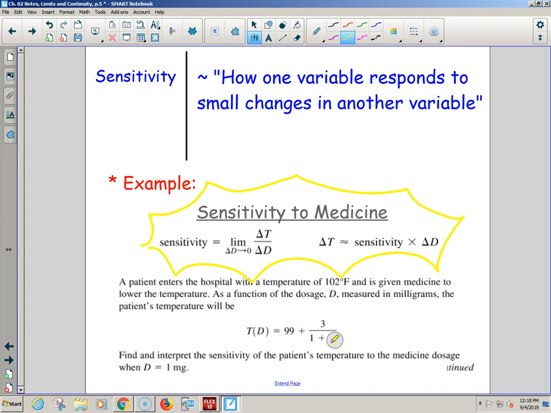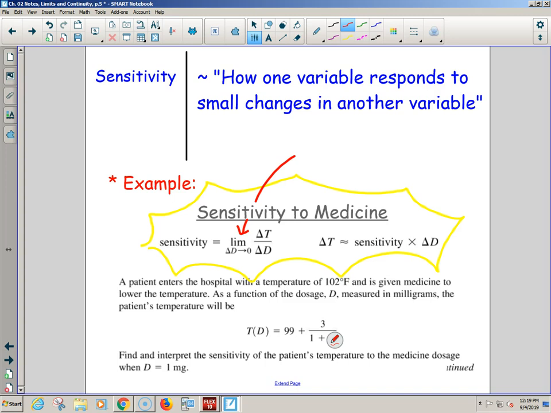Sensitivity can be defined as the limit as delta D approaches 0 of change in T over delta D. Wait a minute, hold on. Couldn't this be like a definition of a derivative, guys? For you guys, where you are at, knowing what derivatives are, doesn't this look like an instantaneous rate? So who's what and what's who?